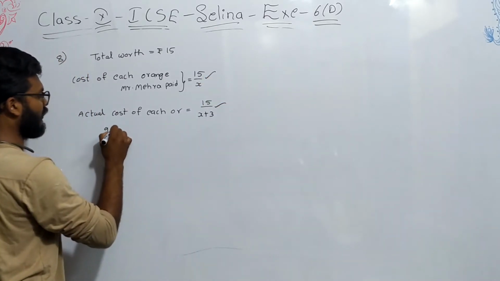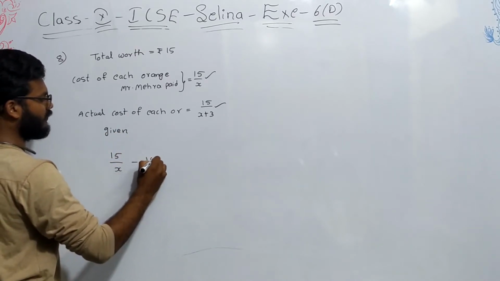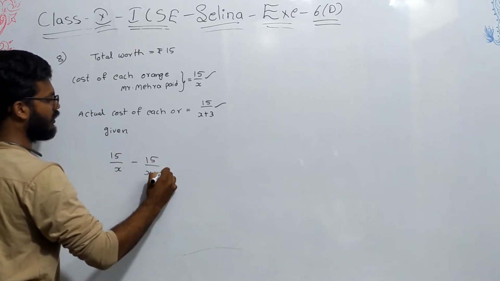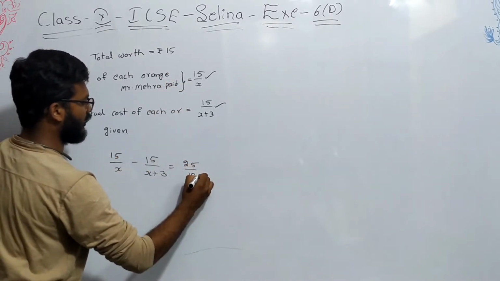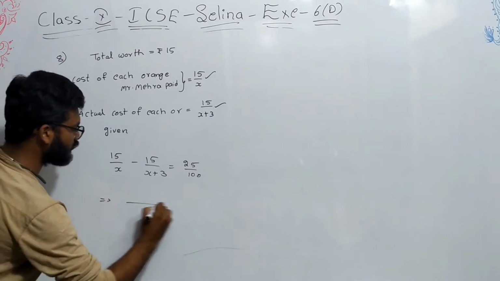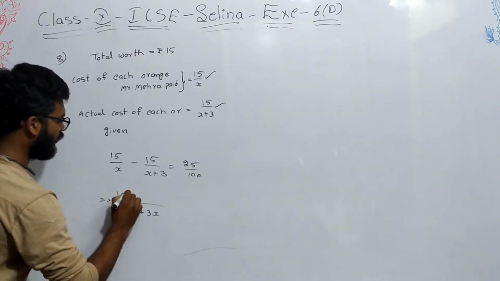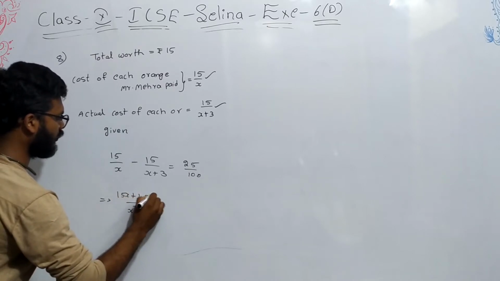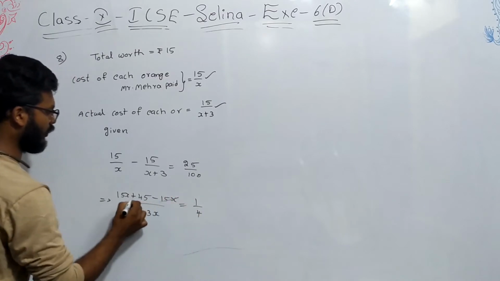So, they have given 15 by x minus 15 by x plus 3 equals 25 paise, here it is in rupees, so 25 by 100, right? So x square plus 3x, 15x plus 45 minus 15x is equal to 1 by 4.